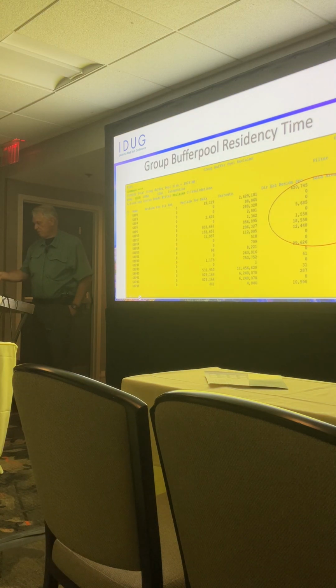And then I added it to one of the panels so I could see the residency time on my group buffer pools. And 0 means that there's no issues, that data is not being circulated enough or at all. And then if you have a number, that's how long it's lasting before the data is kicked out. And this is group buffer pools, not regular buffer pools.